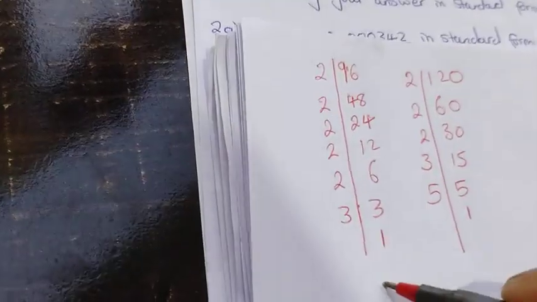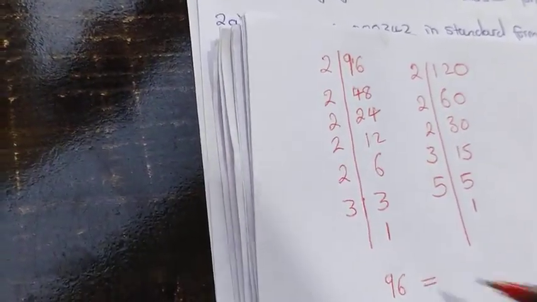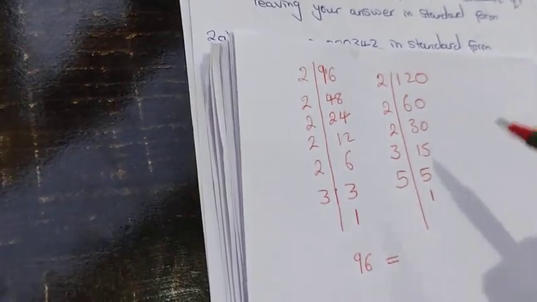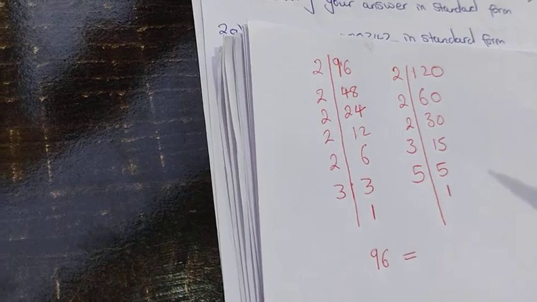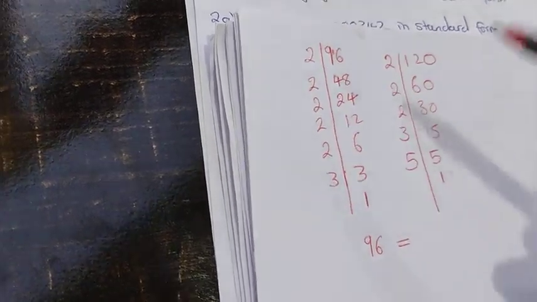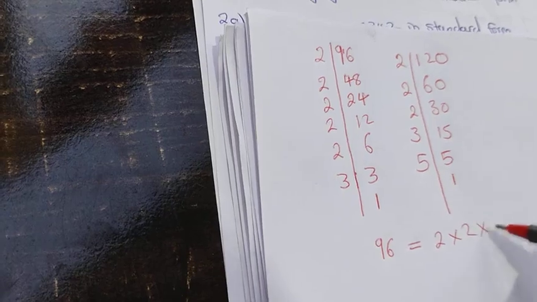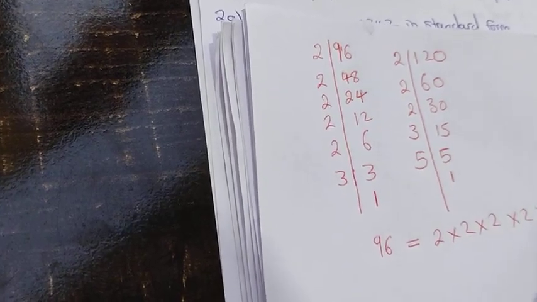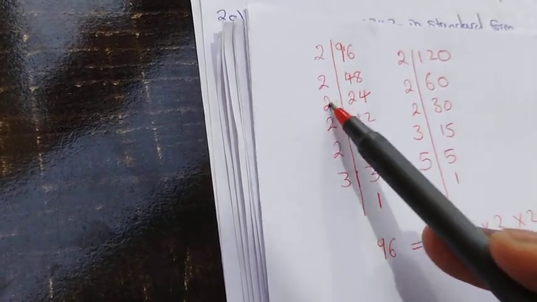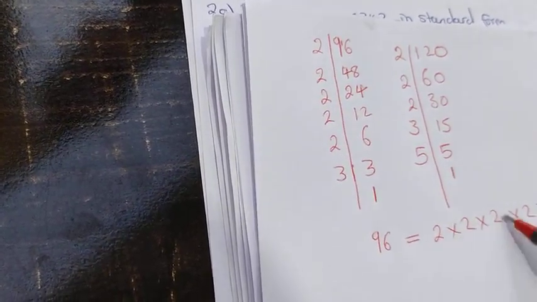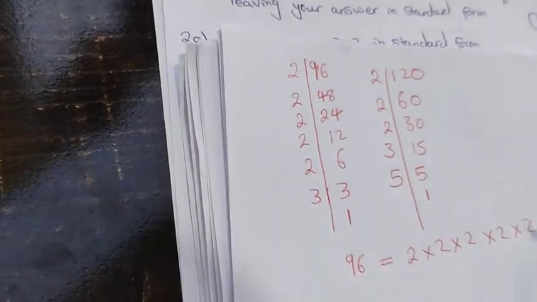So what we do, we write 96 as a product of its prime factors. So how to write 96 as a product of its prime factors? The product of these numbers is 2 times 2 times 2 times 2 times 2. How many are they? 1, 2, 3, 4, 5 times 3.